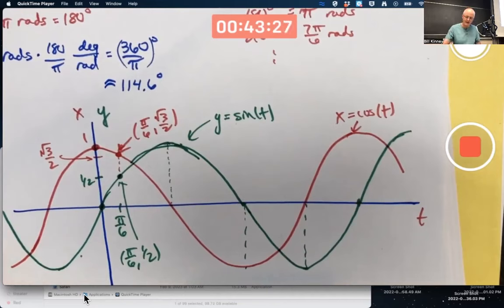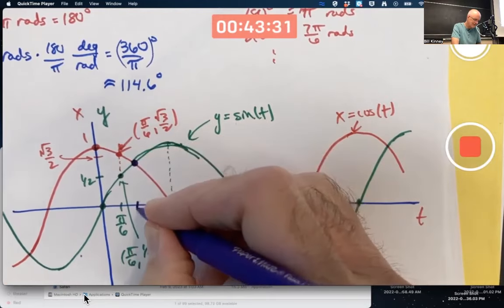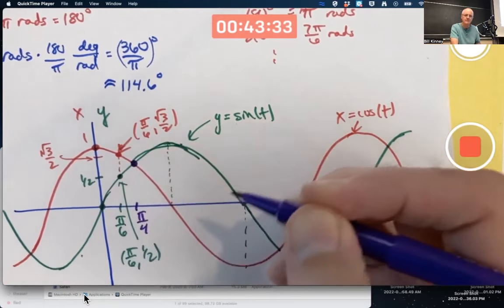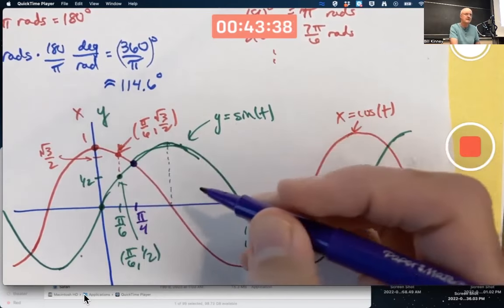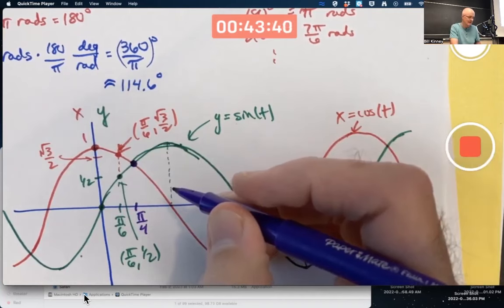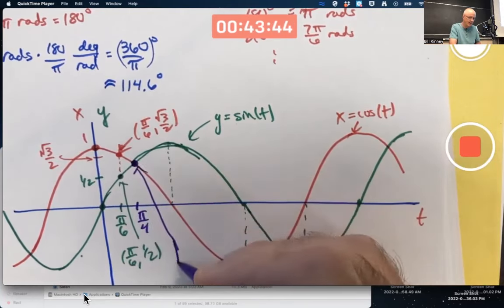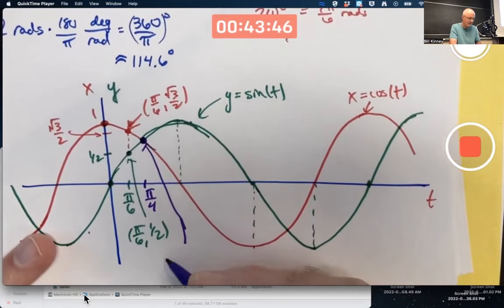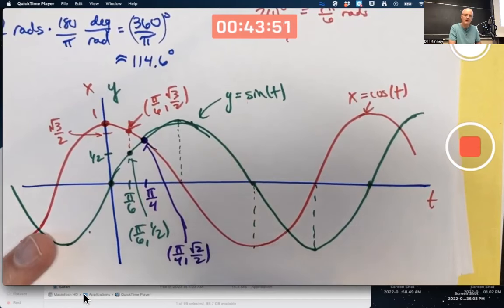Where these two graphs meet, when t is pi/4, red and green make purple? No, but here it does. The coordinates of that point are pi over 4, comma, square root of 2 over 2.